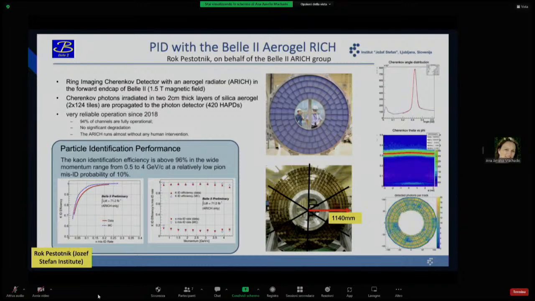Particle identification in D and D* decays meets the specification, with kaon identification above around 96%. For operating ARICH beyond the design luminosity, the collaboration is studying replacements for the HAPD, such as SiPMs and large area picosecond photon detectors.